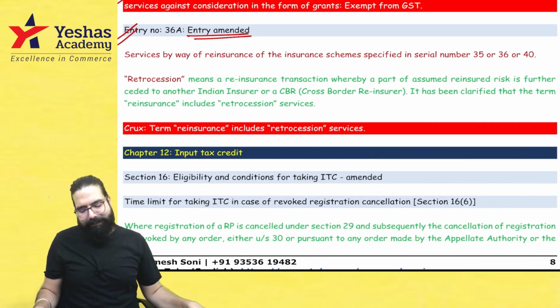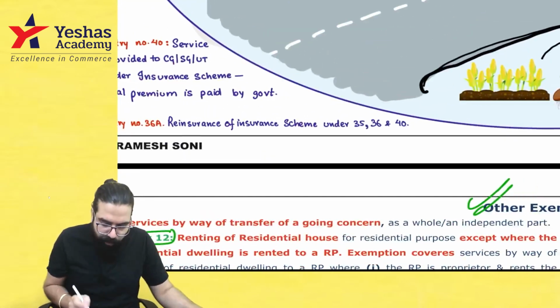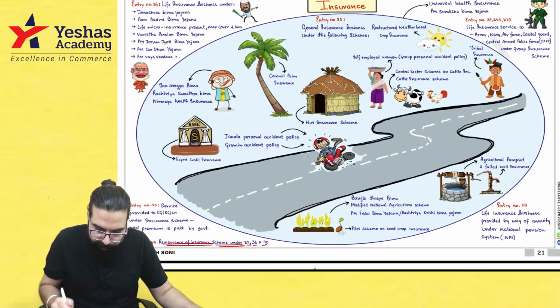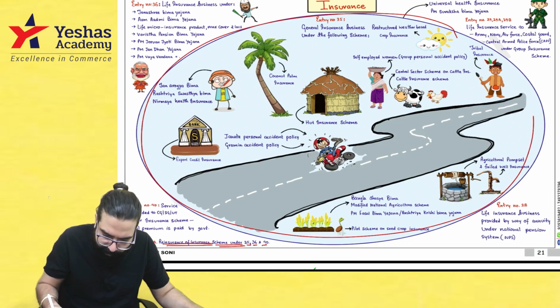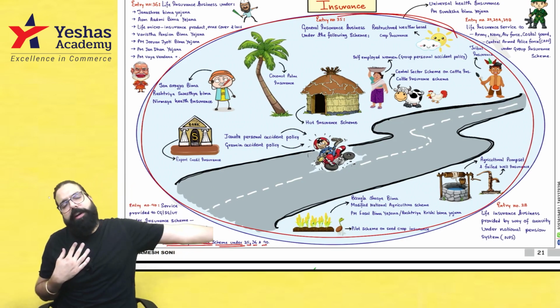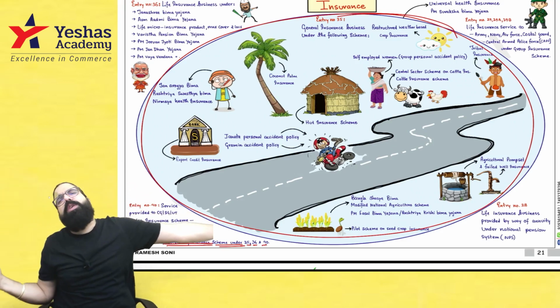Nothing is there. You know what used to happen? I used to say reinsurance of insurance schemes under 35, 36 and 40. Basically, if I do the insurance, say hut insurance, and then I get the reinsurance done. So what is reinsurance?